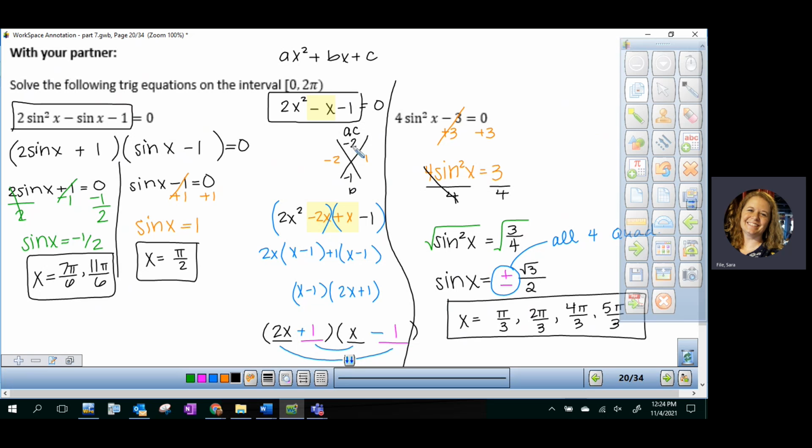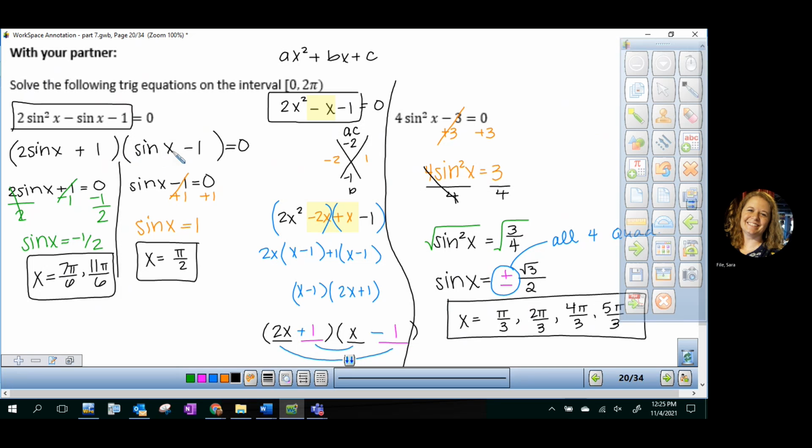What multiplies to -2 and adds to -1 would be -2 and +1. Then you substitute that for the middle term, create your groups, GCF each group, and have your factors. Just realize that now the x, you have to put sine x back in there. So it's sine of x minus 1 and 2 sine of x plus 1. And that's what we got doing guess and check, right?